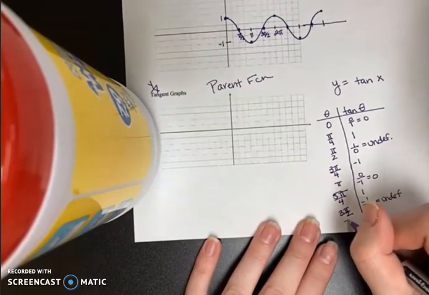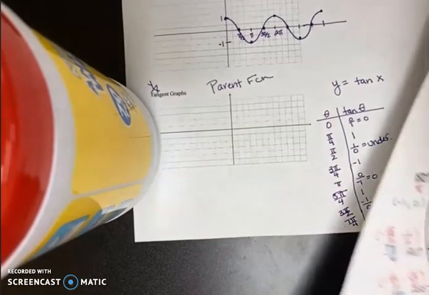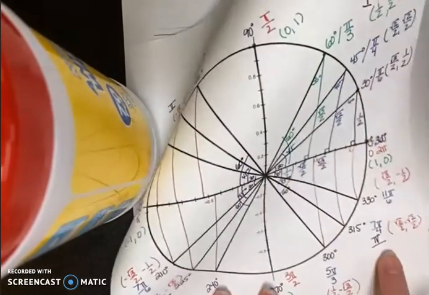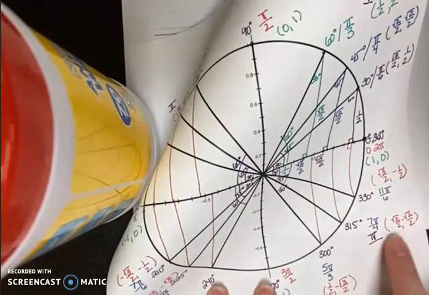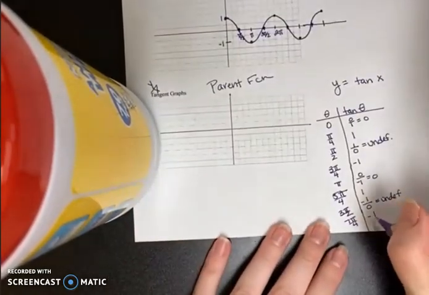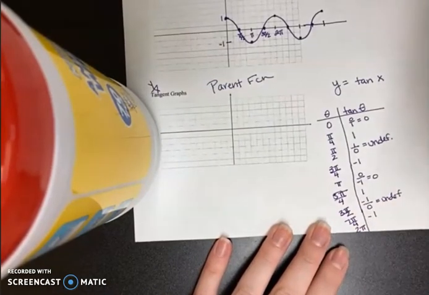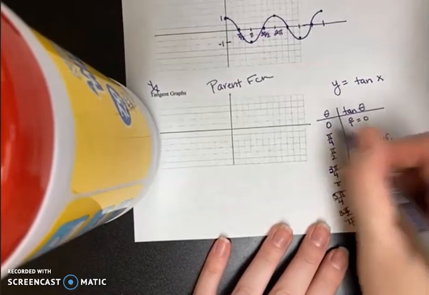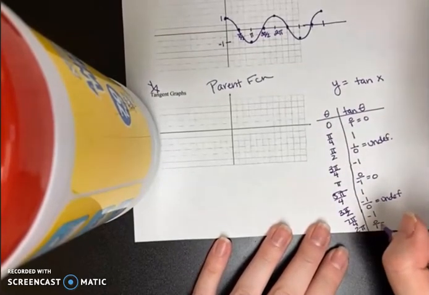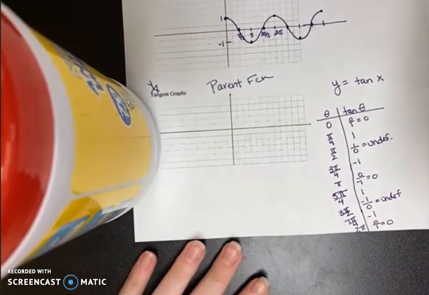Then we have 7 pi over 4. Right here. So y over x gives me a negative 1. And last is 2 pi, which is 0 over 1, same as 0 up here. So now we have created a table of the values for tangent using the unit circle.